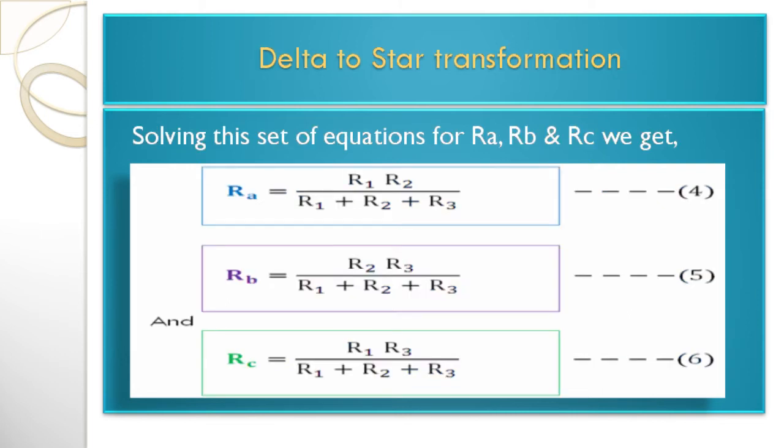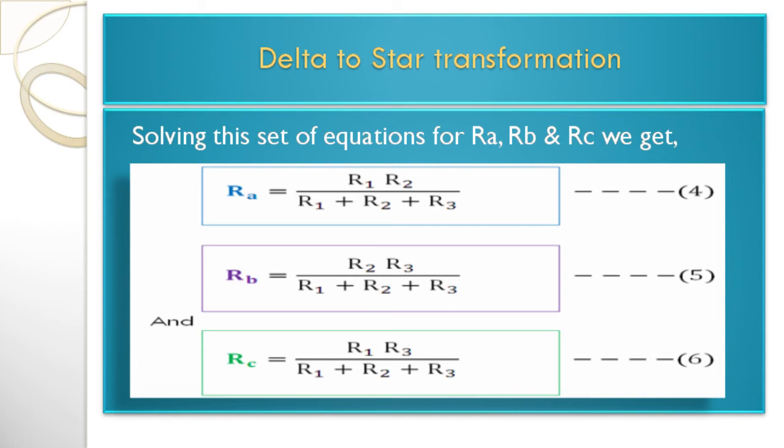Solving this set of equations for RA, RB and RC using equation 1, equation 2 and equation 3, as we studied in a previous slide, we get the resistance values like this. The resistance RA in the star network, equivalent to the delta network resistances, is R1 multiplied by R2 divided by R1 plus R2 plus R3, which is equation 4.